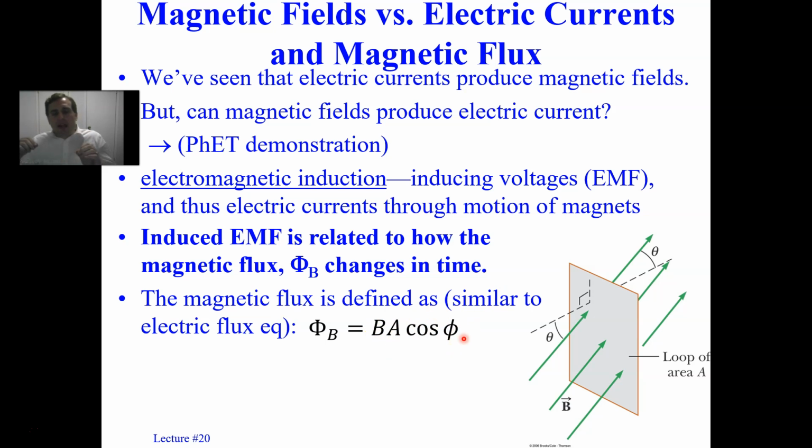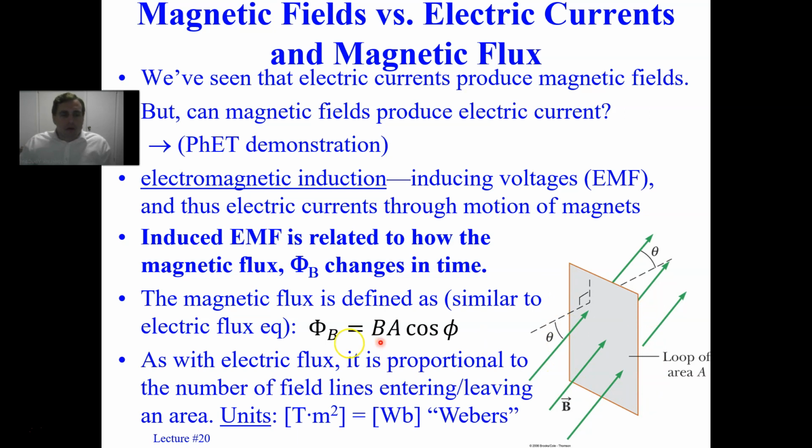In other words, how many lines move through an area, and that's kind of the idea. How much does this area sort of catch those magnetic field lines pushing through? So, as with electric flux, magnetic flux is proportional to the number of field lines entering versus leaving an area.